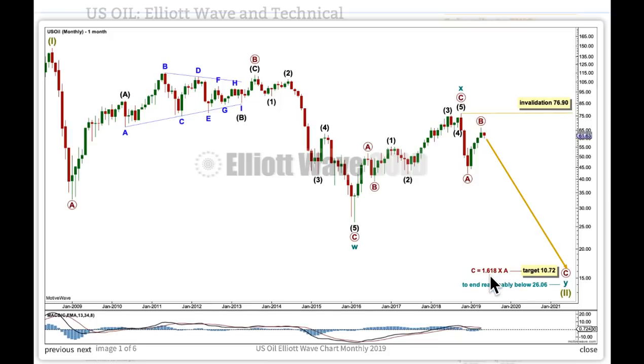The target calculated here would expect primary C to equal 1.618 times the length of primary A, and that would see cycle wave Y move reasonably below the end of cycle wave W. The purpose of a second zigzag in a double is to deepen the correction when the first zigzag does not move price deep enough.